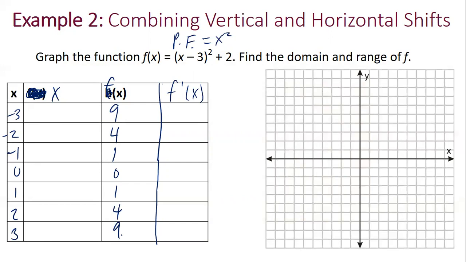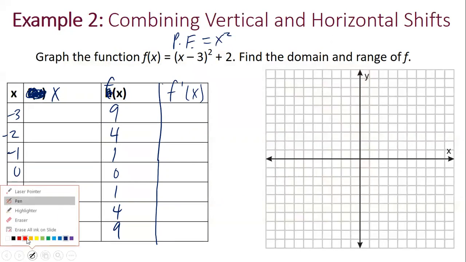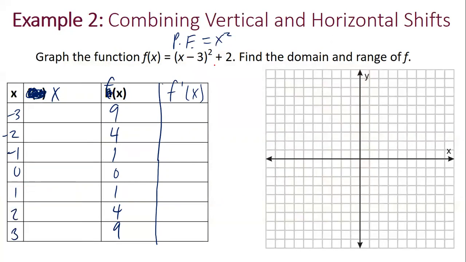Those are our values of our parent function. Agreed? Yes? Okay. So now looking at what we're transforming it to, notice here how our h is 3 and our k is 2. Our h affects which variable? X, and our k affects our y.